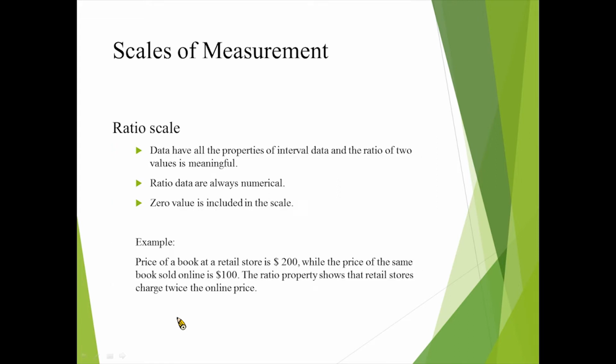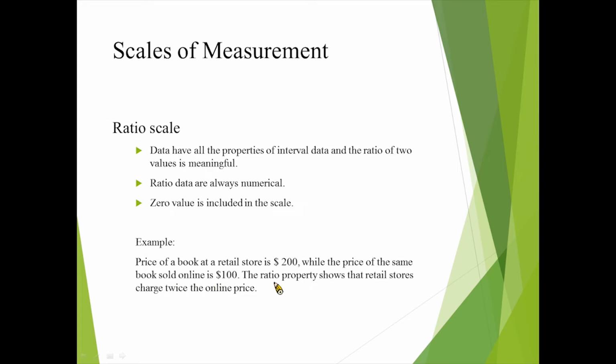And the next one is the ratio scale. Data have all the properties of interval data, and the ratio of two values is meaningful. Ratio data is always numerical, and a zero value is included in the scale. So you can see the example. The price of a book at a retail store is $200, while the price of the same book sold online is $100.